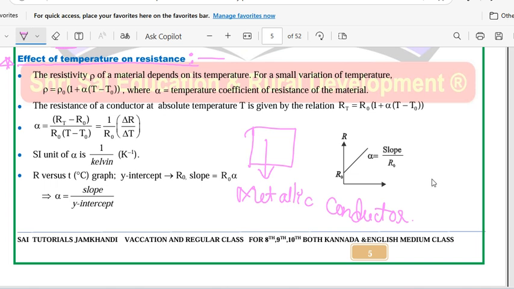In a metallic conductor there will be a large number of electrons and ions present. If you pass current through that metallic conductor, there will be collisions between the drifting electrons and the ions present in the metallic conductor.